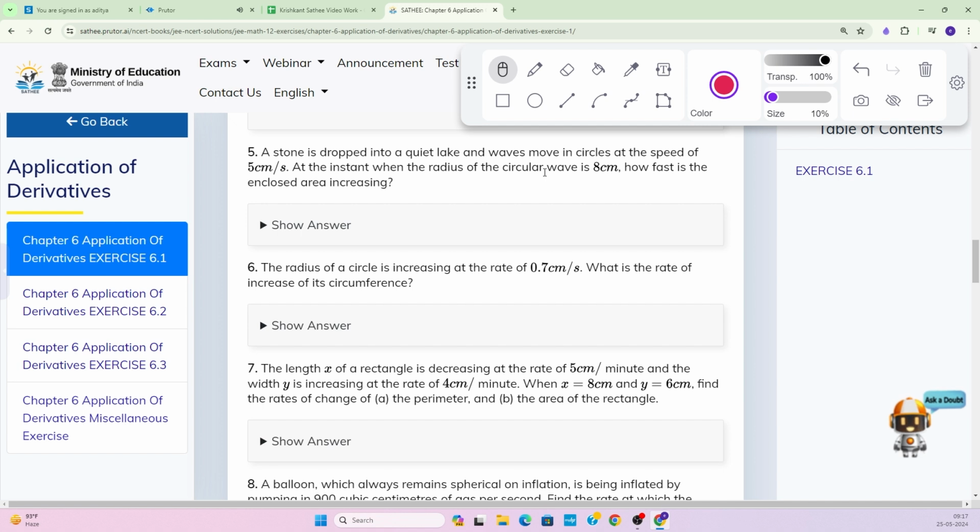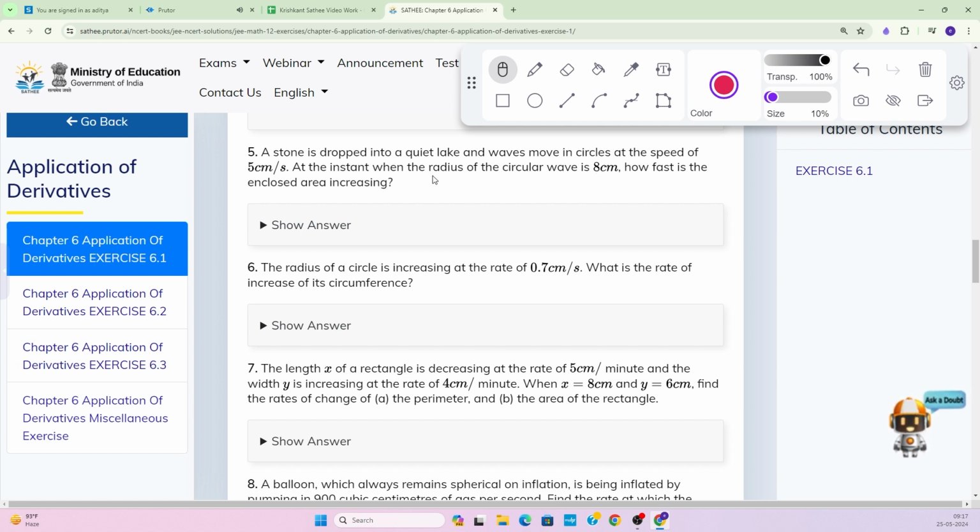Speed is distance by time, or in terms of derivatives, the derivative of distance with respect to time. What distance are we talking about? The radius. So dr by dt is given as 5, at the instant when the radius of the circular wave is 8 centimeter.